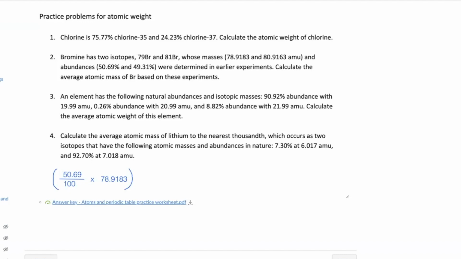Now let's do bromine-81. So plus, now we are going to do bromine-81. The percent abundance of bromine-81 is 49.31%. Again, to convert percent to a fraction, you need to divide that by 100. Let's do that.